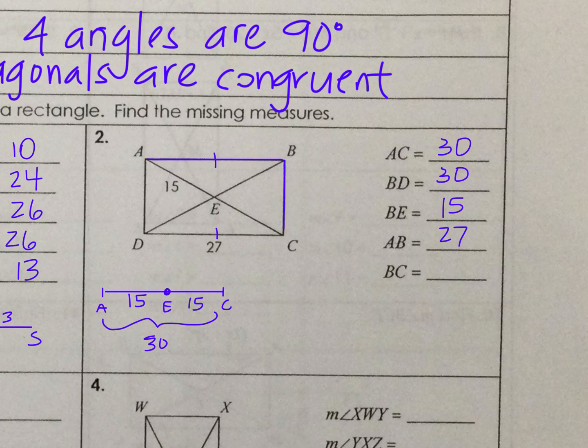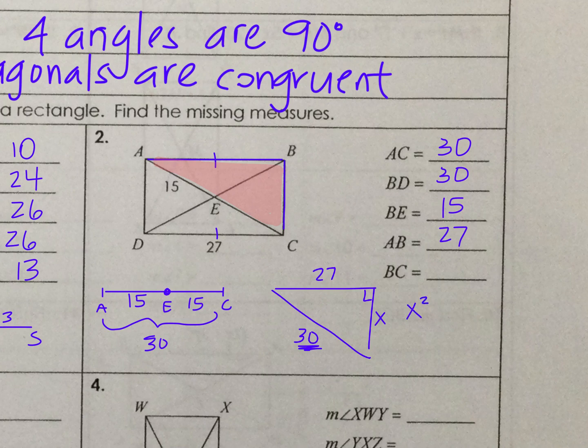BC, so we're going to have to do the Pythagorean theorem again. So I'm going to pull out this triangle right here. I know this top is 27. I know the diagonal is 30, and I don't know that. So the 30 is our c because it is the hypotenuse.